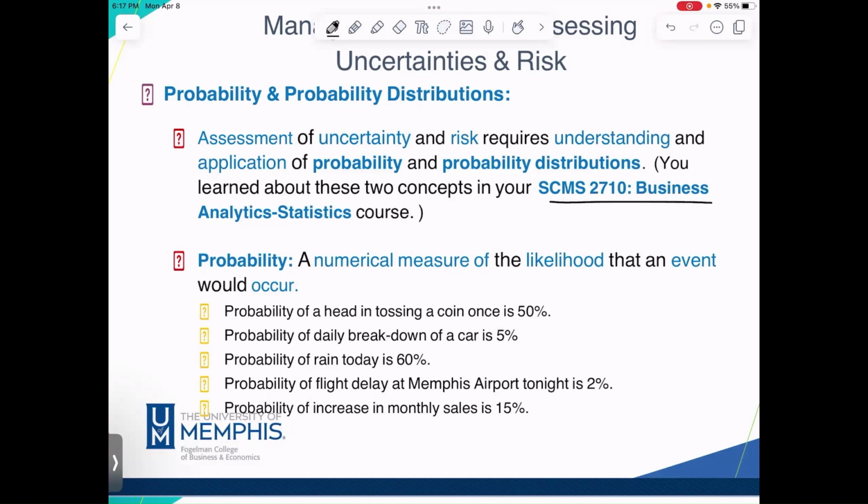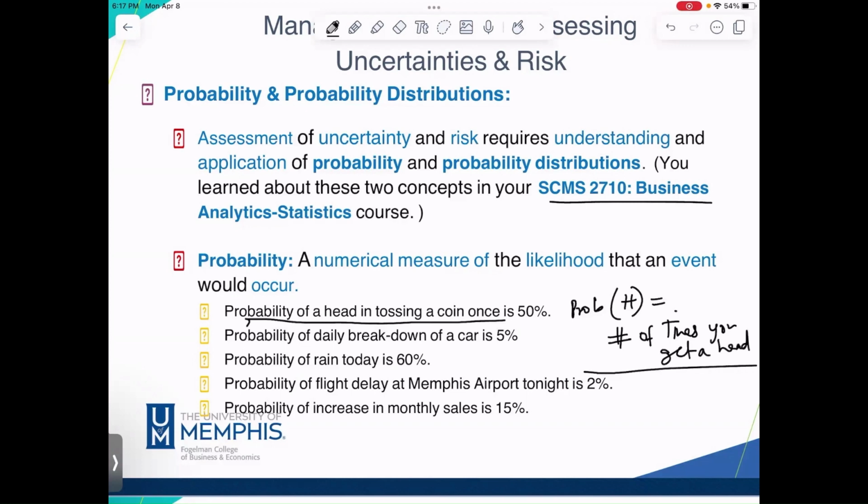For example, if you want to calculate the probability of a head in tossing a coin, the probability of getting a head would be equal to the number of times you get a head divided by the total number of outcomes.